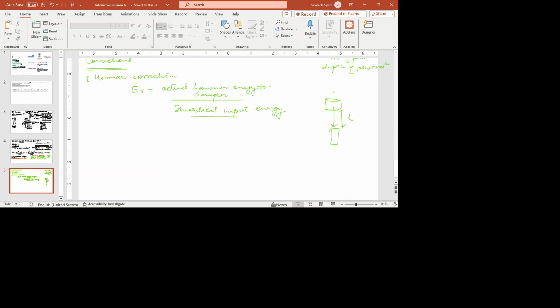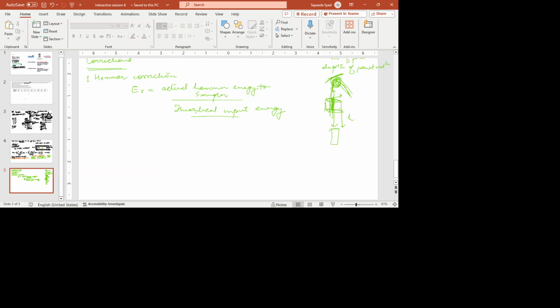But we have this system of guide rods over which the hammer is moving. So there is some frictional energy loss here. Also, in the pulley system, you have two hoops here. Here also, you will see some energy loss. Due to falling of the hammer, there will be a frictional energy loss at the pulley and a frictional energy loss at the guide rods.